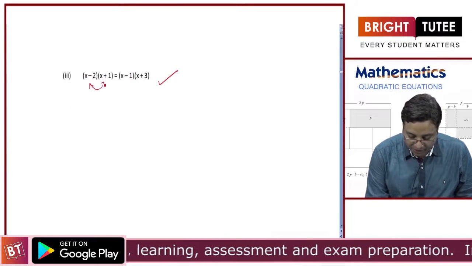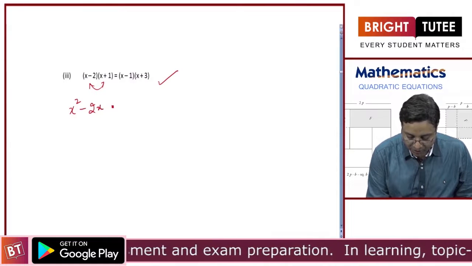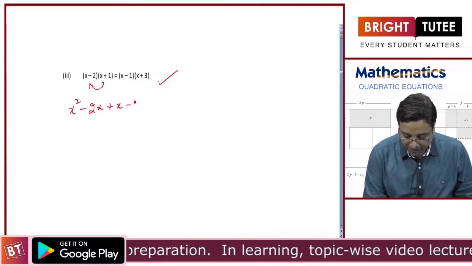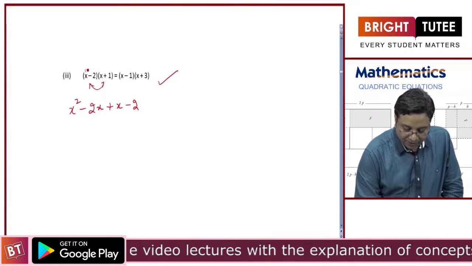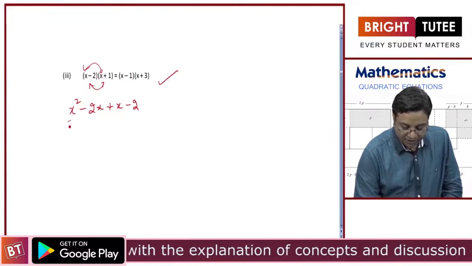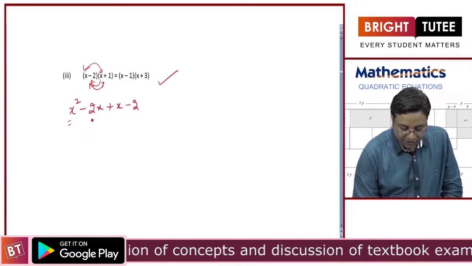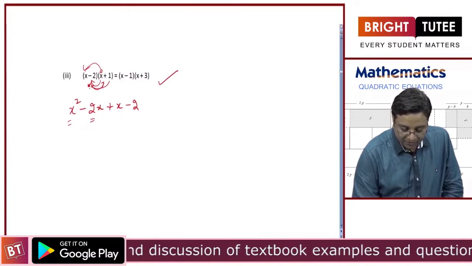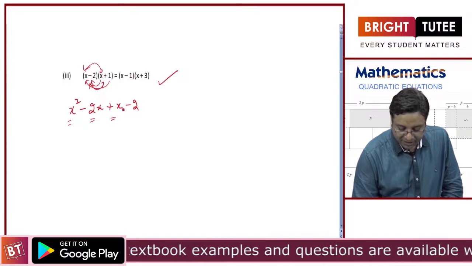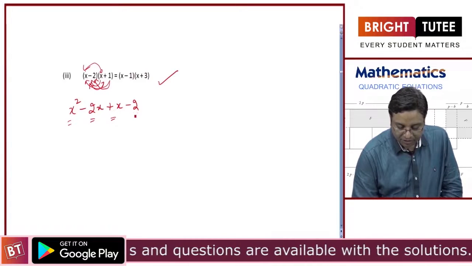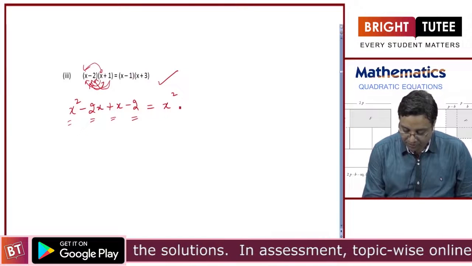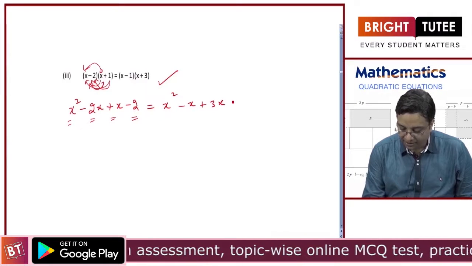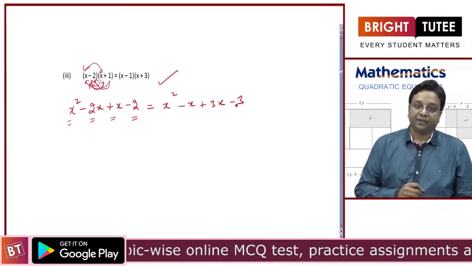When you multiply these two, it will give you x square minus 2x plus x minus 2, right? X multiplied by x gives me x square, then multiplied by minus 2 will give me minus 2x. This 1 multiplied by x will give me plus x, 1 multiplied by this minus 2 will give me minus 2. Similarly, on the right hand side, x square minus x plus 3x minus 3, right?